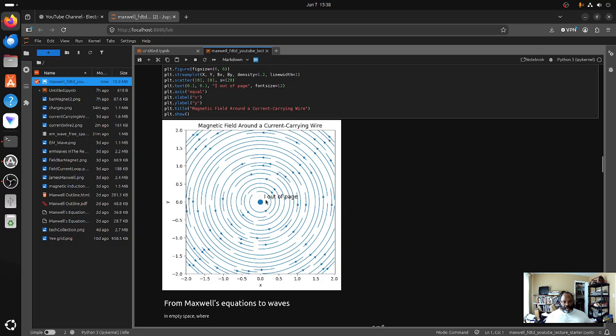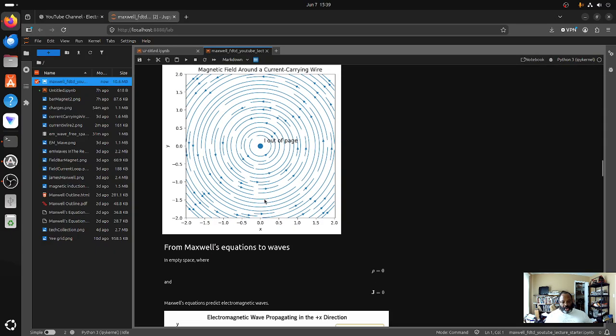So this wire is pointing out of the screen. If you take your right hand and point your thumb in the direction of positive charge carriers flowing out, your fingers wrap around the wire, and the direction your fingers point is the direction of the magnetic field that is generated around the current-carrying wire.